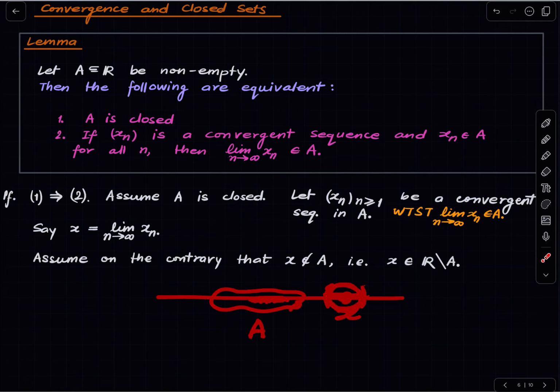But at the same time, since this sequence was converging to the point X, ultimately they must lie in this region, because this is just some open interval around X, and that is a contradiction.